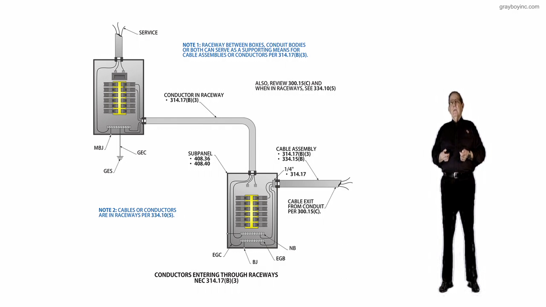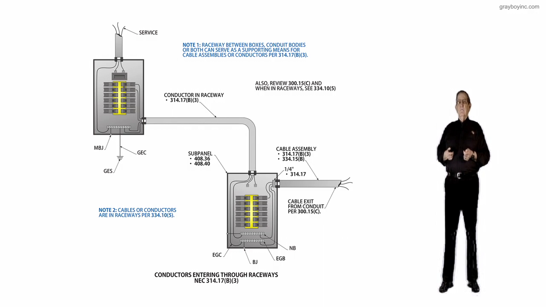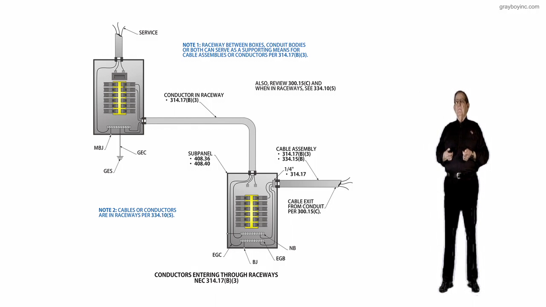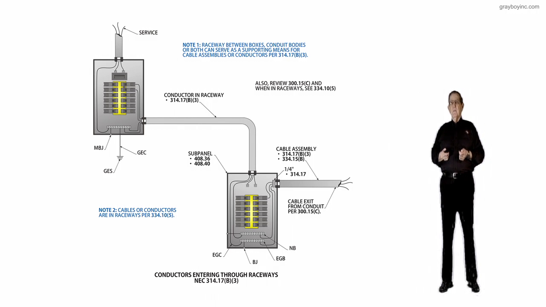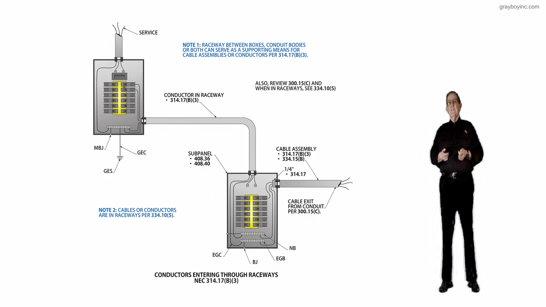I would also remind you, for cable support requirements, like for non-metallic sheath cable, see 334.30. For AC cable, see 320.30. And review the other cable sections as appropriate for the type of cable or conductors that you're pulling inside the raceway.